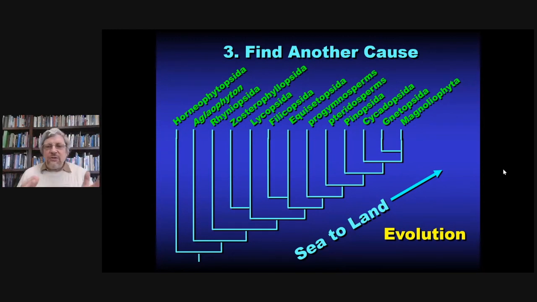Very much analogous to the claim that's made in the vertebrates, that the vertebrates evolved from the ocean onto the land. It was also the claim of paleobotany that the oldest plants, in the broadest sense of the word, would be the photosynthetic bacteria in the Precambrian. Then we have algae that came after that, and then we finally have land plants after that. That's a sequence from the ocean onto the land.